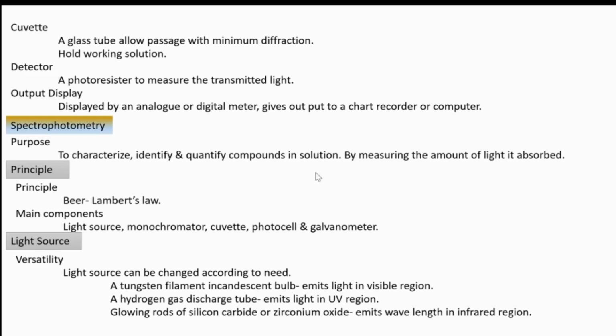Then a photocell for producing the electrical signal using the transmitted light we obtained out of that solution, and a galvanometer. These are the main components.